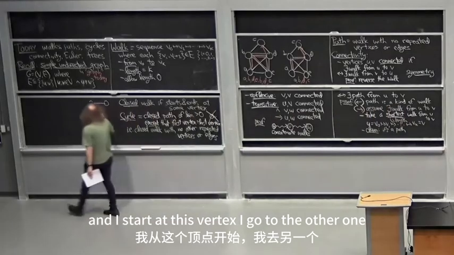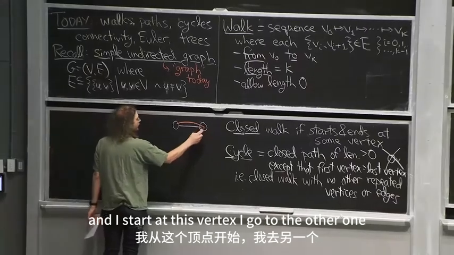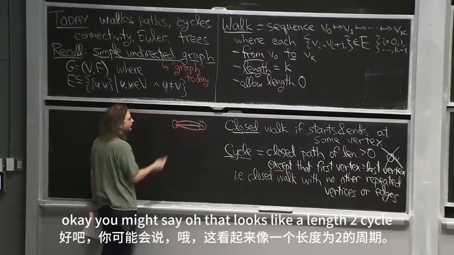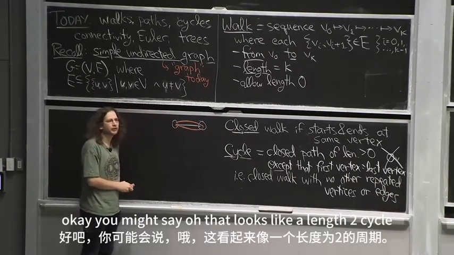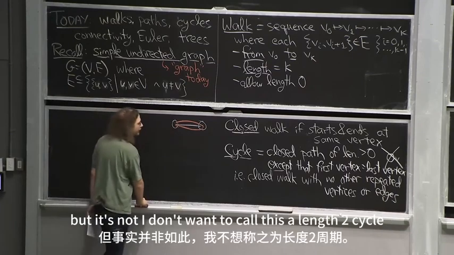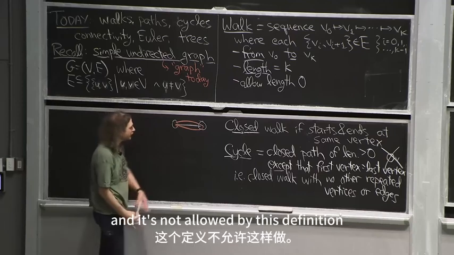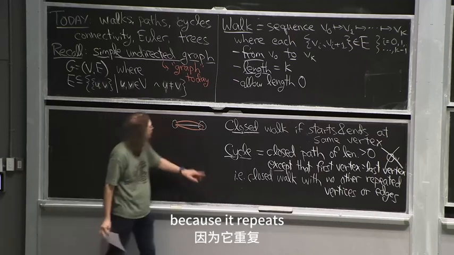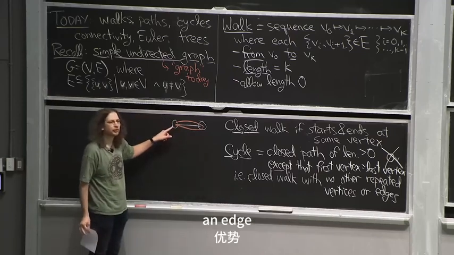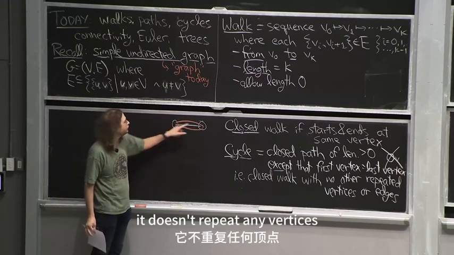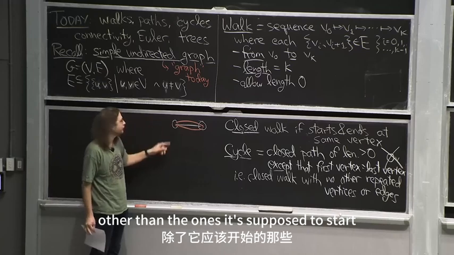I start at this vertex, I go to the other one, and come back. You might say, oh, that looks like a length 2 cycle. But it's not. I don't want to call this a length 2 cycle, and it's not allowed by this definition because it repeats an edge. It doesn't repeat any vertices other than the ones it's supposed to.